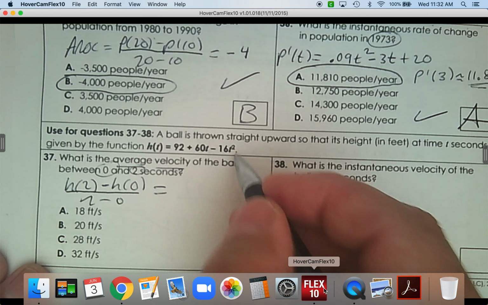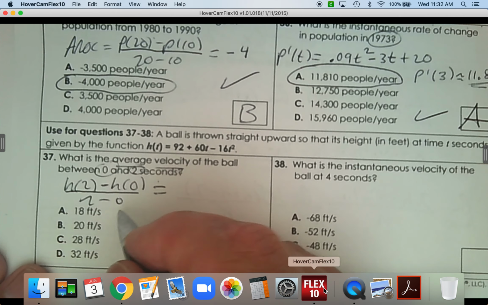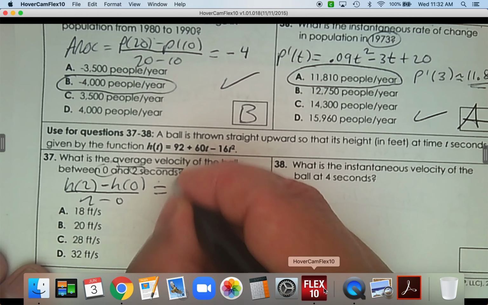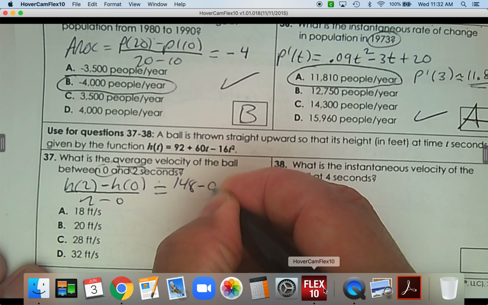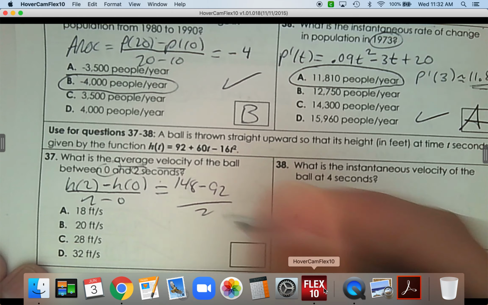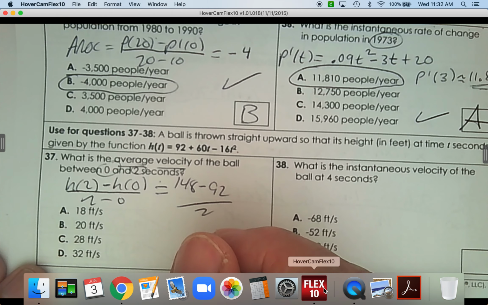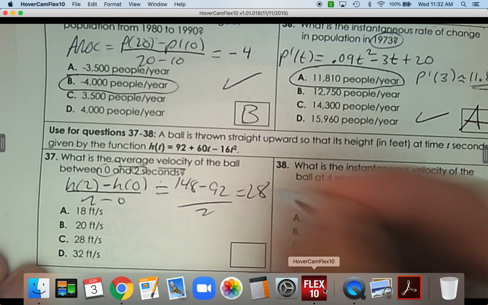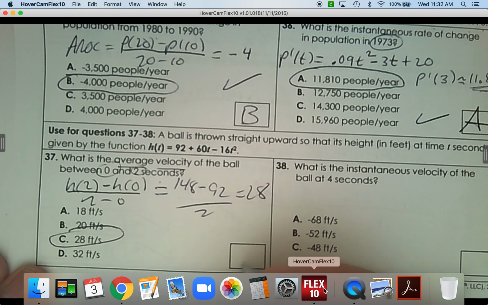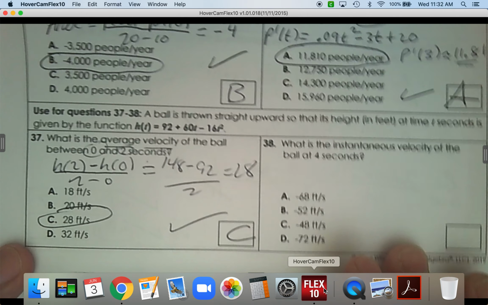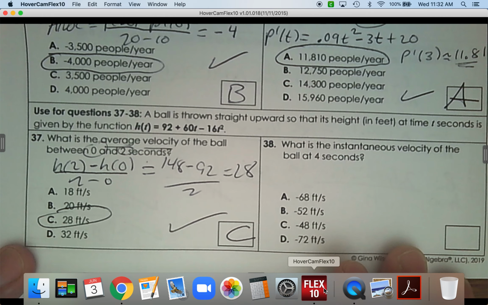So plug in 2, plug in 0, and so on, do the work, and you get 148. Subtract 92 divided by 2. That answer, as a rate, is 28. So the answer was C, 28 feet per second.